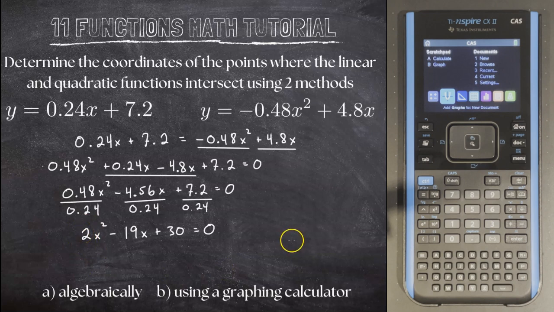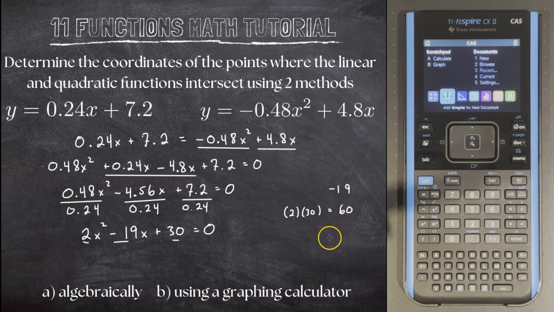All right, so to factor this, we can factor it by grouping. Let's take our a and c coefficients and multiply them. So 2 times 30 gives us 60. And our b coefficient is minus 19.